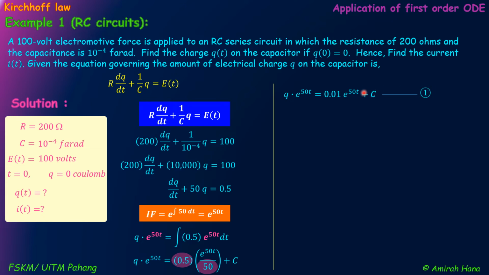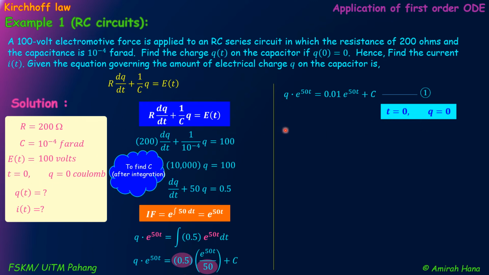After that, we need to find the value of c. The plus c here comes from the indefinite integral, because after we integrate an indefinite integral, we must put plus c at the back. To find the value of c, we use this initial condition. We substitute t equals 0 and q, which is charge, equals 0 coulomb into equation 1.